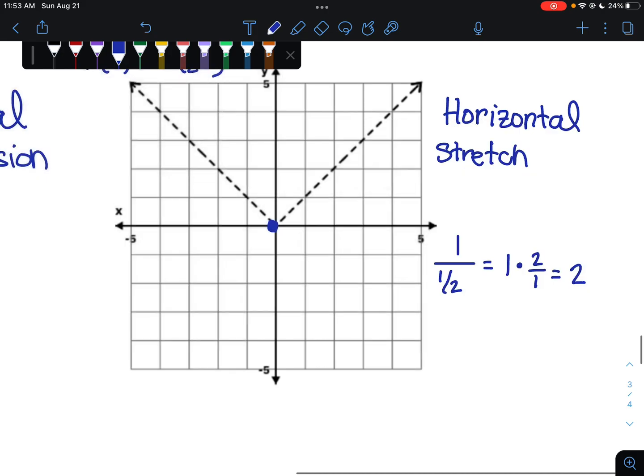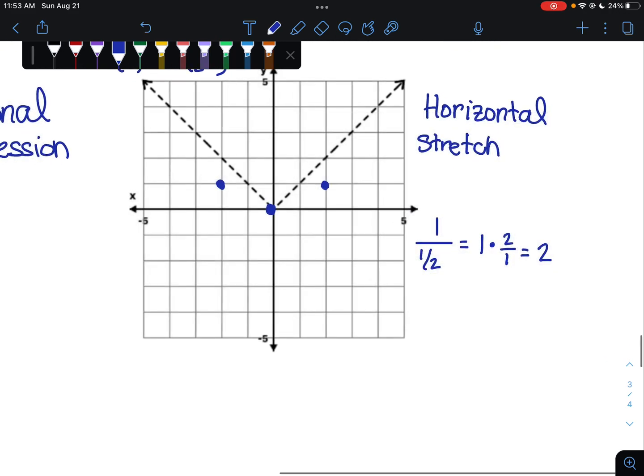So I have the point 2, 1, and negative 2, 1. Then if I take the next x value of 2 and divide it by 1/2, that is 2 times 2 over 1, which would be 4. So I now have 4, 2, and negative 4, 2.